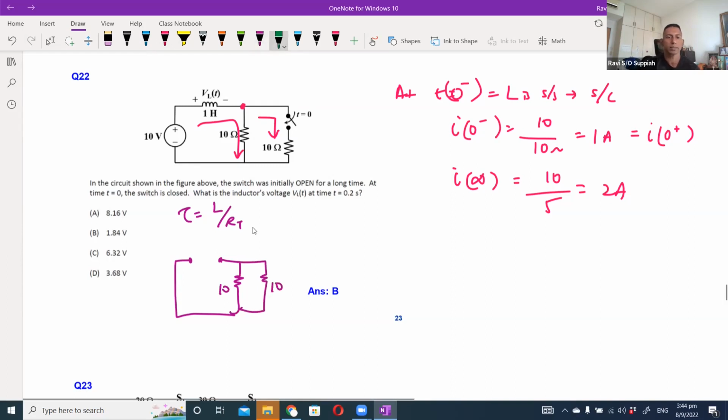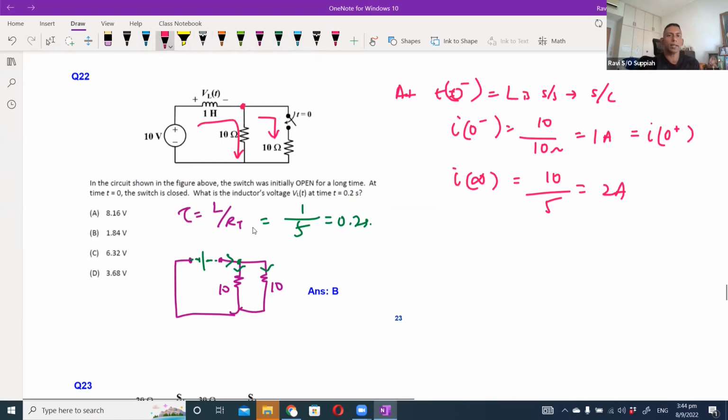When I analyze how the current will flow, it will come out here, split into this branch and then go back. So RT is basically 10 parallel with 10, which is 5. So the time constant is 1 over 5, which gives me 0.2 seconds.